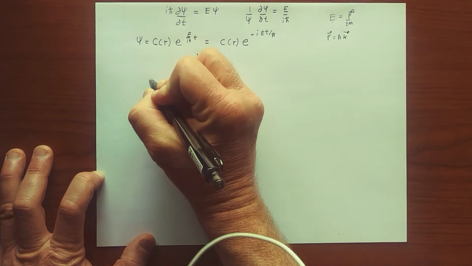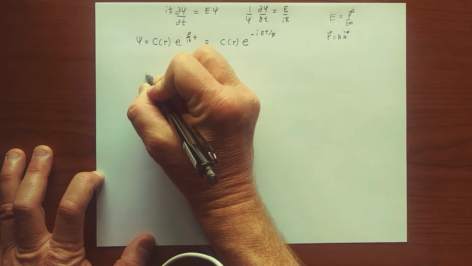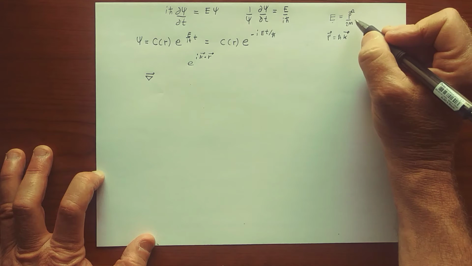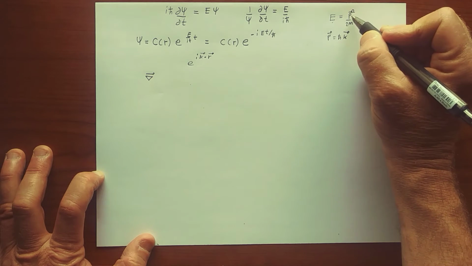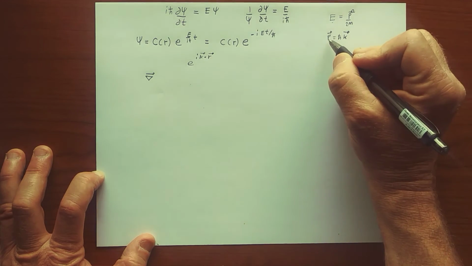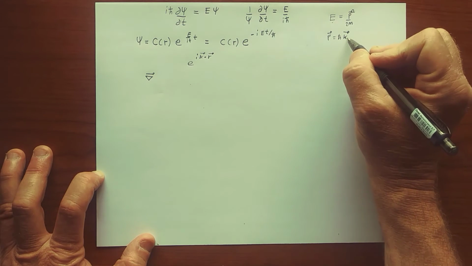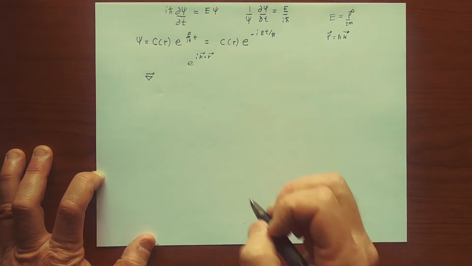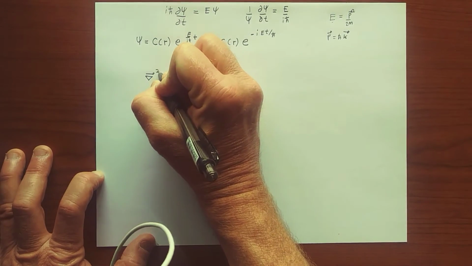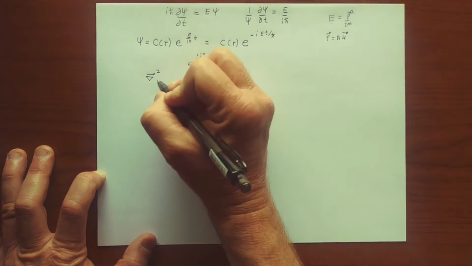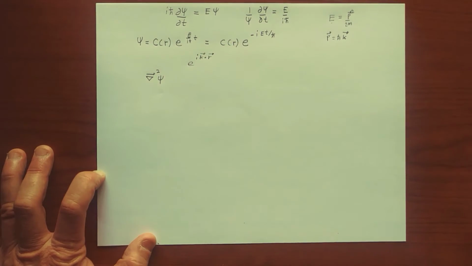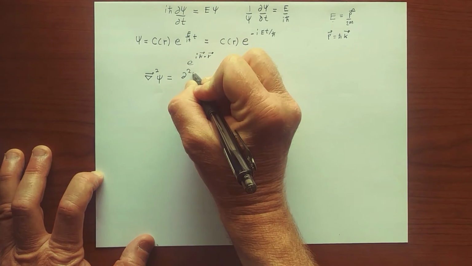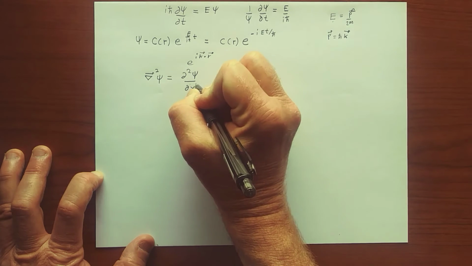So what does that look like? Well, it turns out that we need to pull down two factors of k, because we need to construct a k squared, because we have a p squared in here. So through this, we see that we need a k squared. We need two factors of k. So we're going to take two spatial derivatives. That brings in the del squared of psi, which we can write out fully as, right, for x, y, z coordinates, then that looks like this.